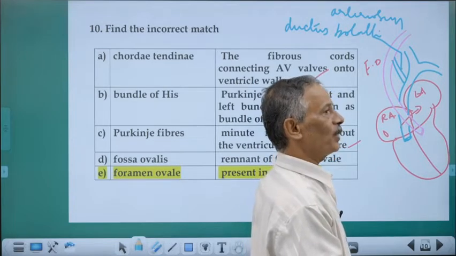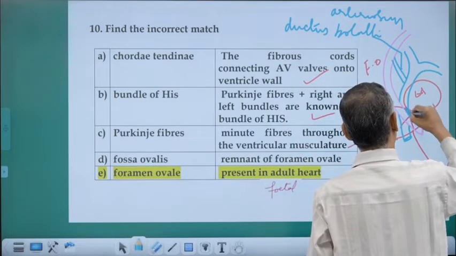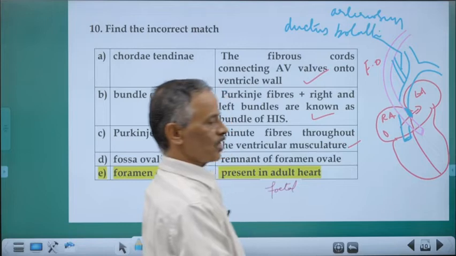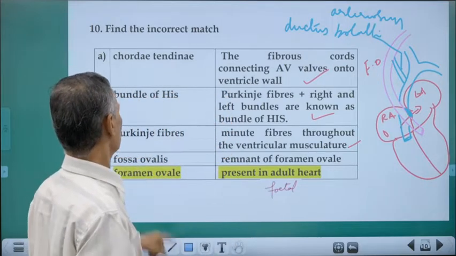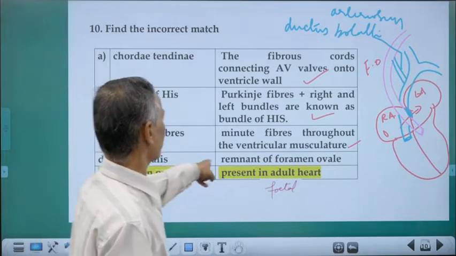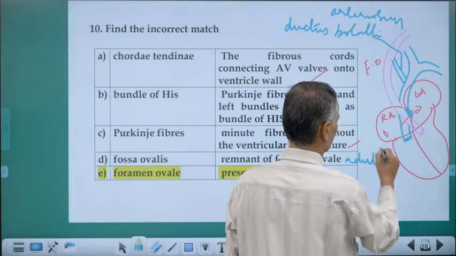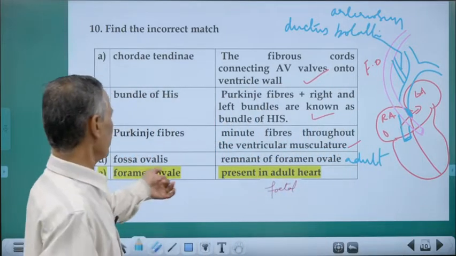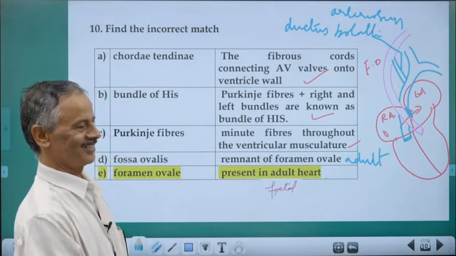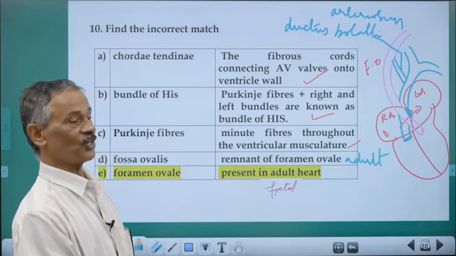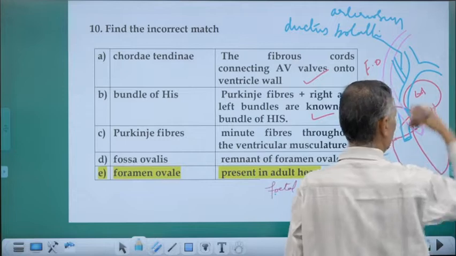Now, when the development is complete, this opening becomes closed. That closed window is called fossa ovalis. So fossa ovalis is the remnant of the foramen ovale present in the adult, and foramen ovale is present in the fetal heart. Because the lungs start functioning, the lungs are the oxygenating agent, so blood has to be given to the lungs.